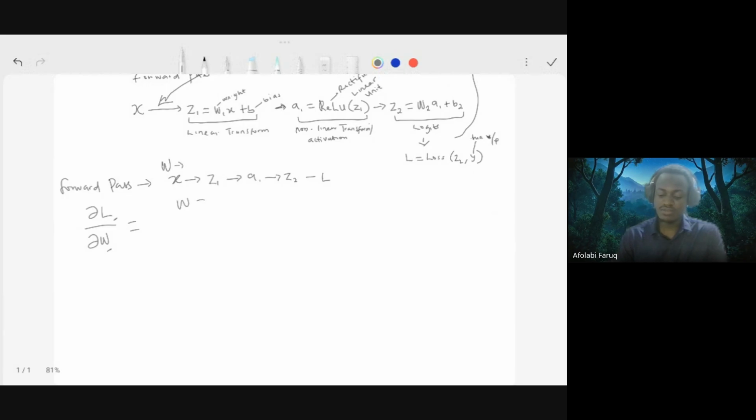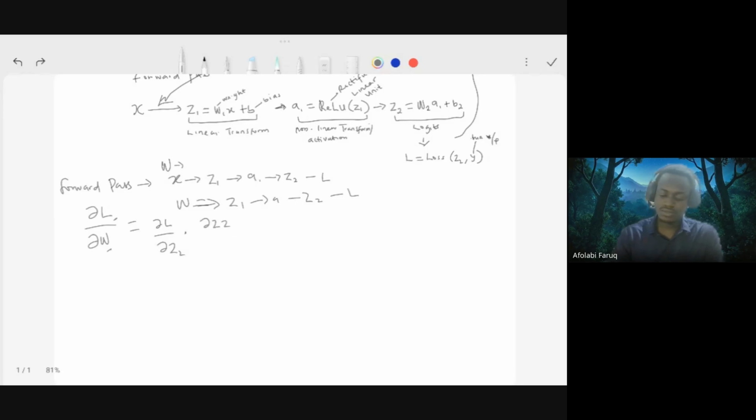I'll say W goes towards Z1, towards A, towards Z2, and towards L. Okay. Now, we want to see how the weights affect the loss.